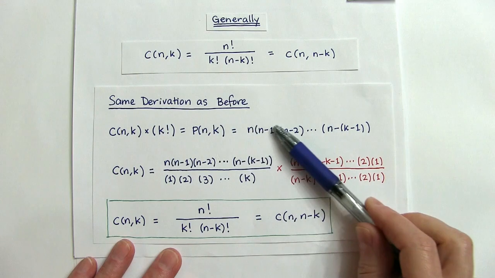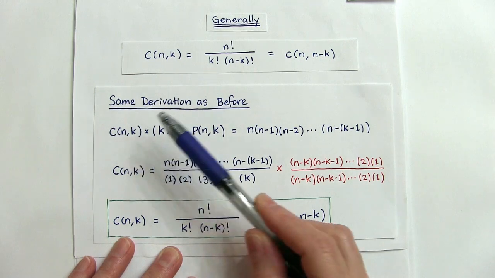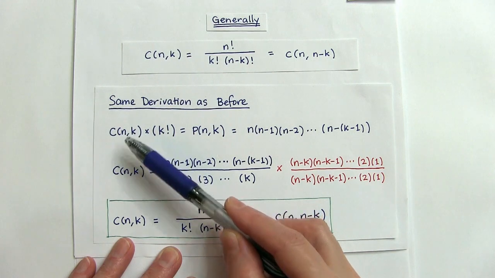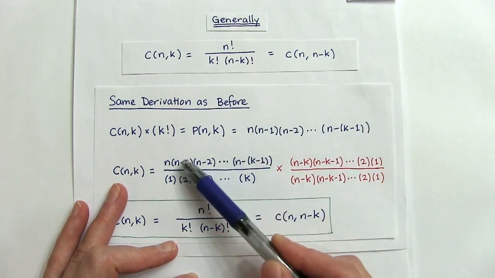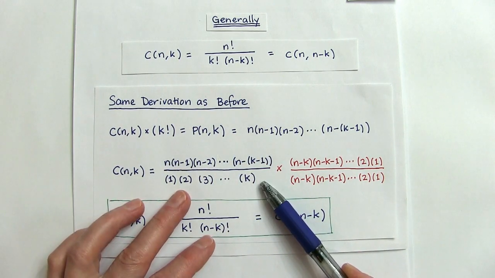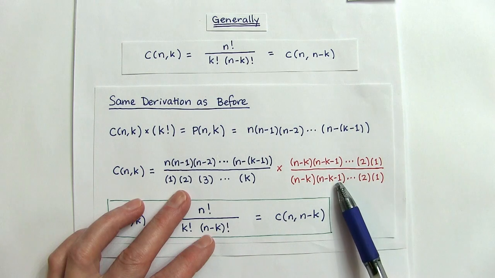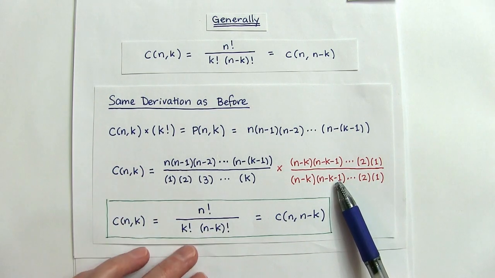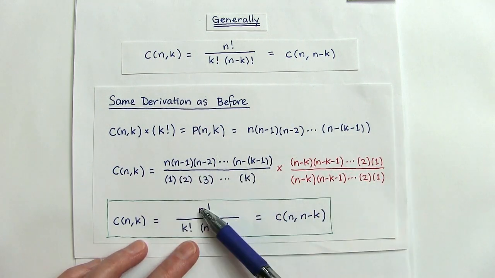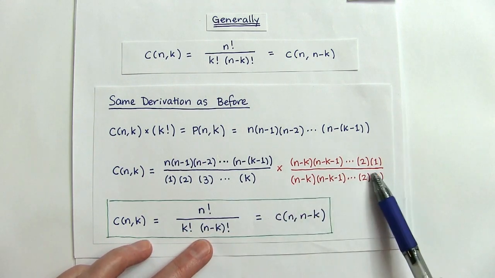And so then from this equation, in the same way as before, we can solve for n choose k by dividing both sides of this equation by k factorial, and we get n choose k is equal to this quantity divided by k factorial, and then multiplying by n minus k factorial in the numerator and the denominator, just like before, we get the general formula for n choose k, which is n factorial in the numerator, and in the denominator we get k factorial and n minus k factorial.